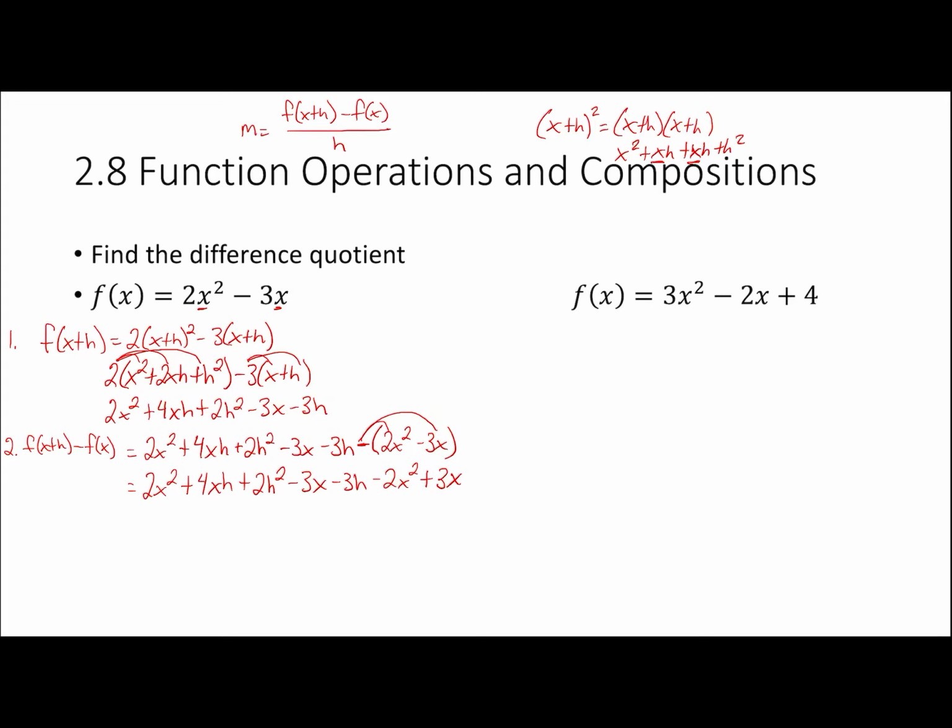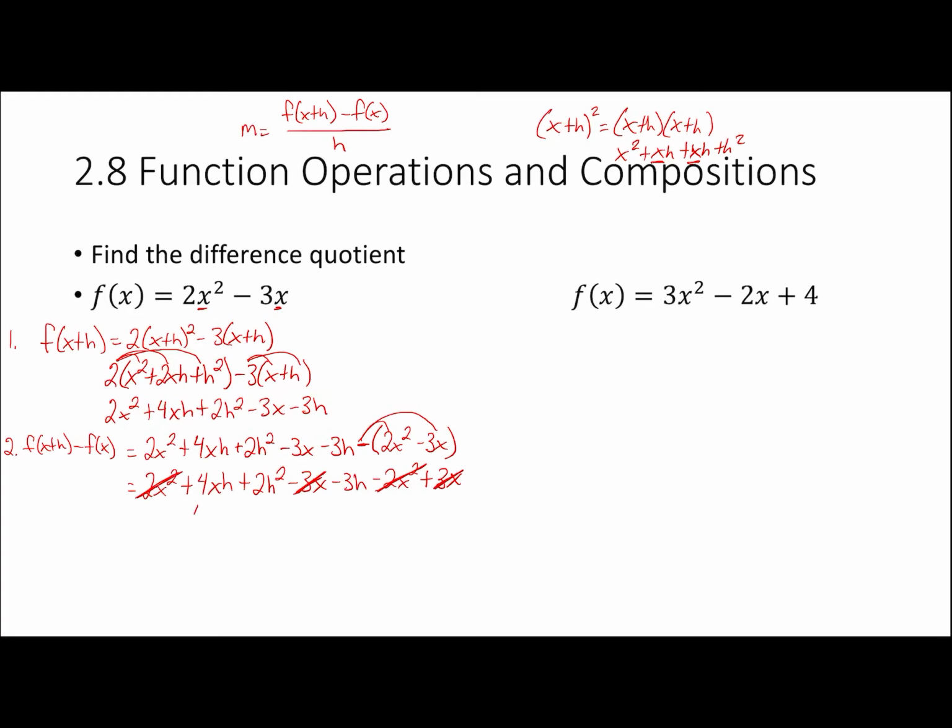Now, why is it important that you distribute that negative? Well, if you did this correctly, you're going to have some stuff that cancels out. In fact, every term of that original function should cancel out with something else. So if you look at what we have here, when you combine like terms, this 2x squared and now negative 2x squared is 0. Cancels out.